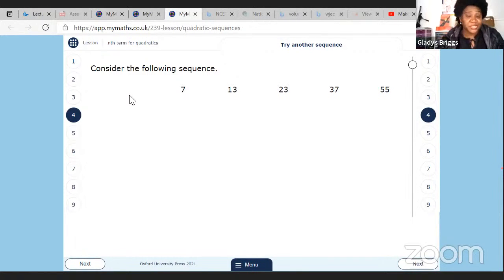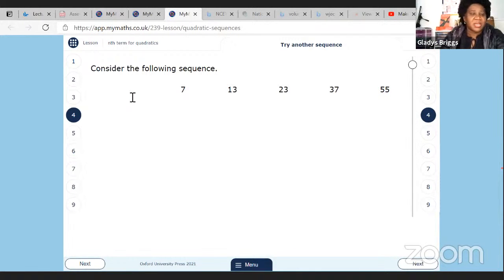Moving on to the next stage, which is other types of quadratic sequence. So this slide says, consider the following sequence: 7, 13, 23, 37, 55.